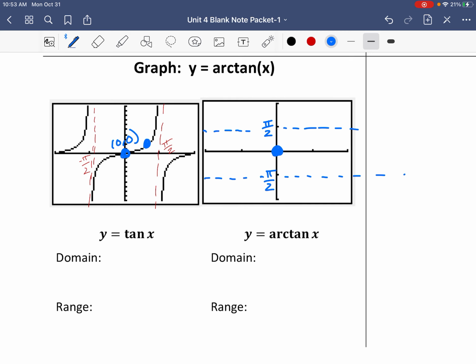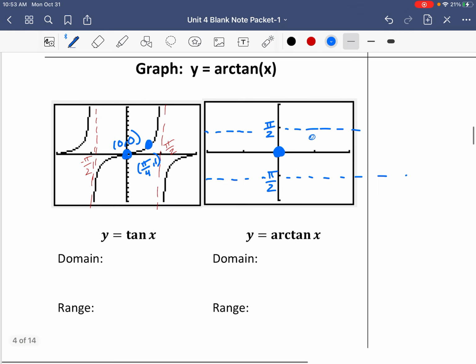If I had this point right here, it would be pi over 4, comma 1. So I'm going to come over to pi over 4, and I'm going to go up 1. Okay, right in here. I'm sorry, I said that wrong. I'm going to go up to pi over 4, and I'm going to go over 1.